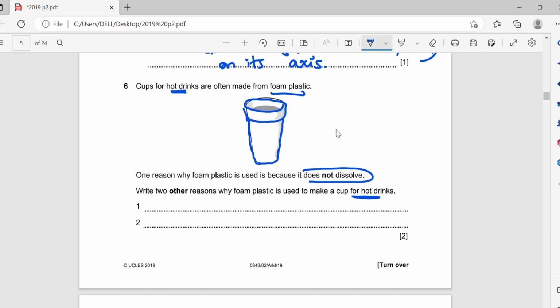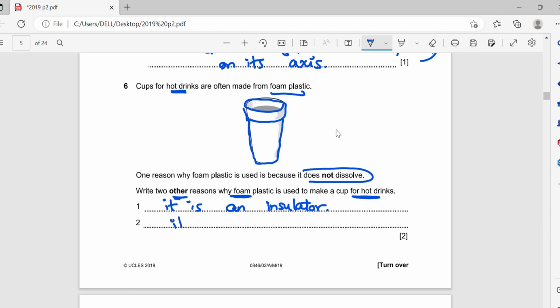So the first reason why we use foam is that the foam is an insulator. So it is an insulator, or in other words, it's a poor conductor of heat. It won't transfer heat to me, so I can hold it. Well, what else about foam for hot drinks?